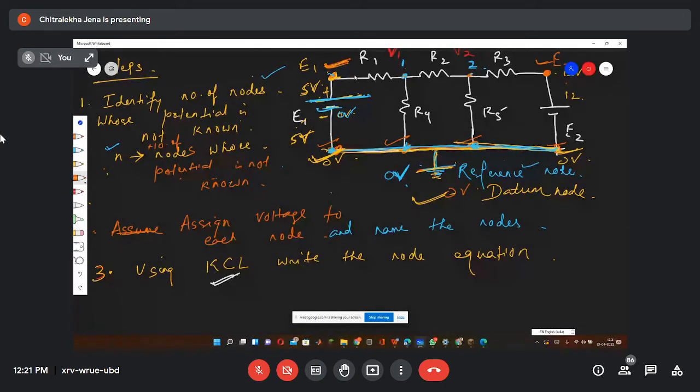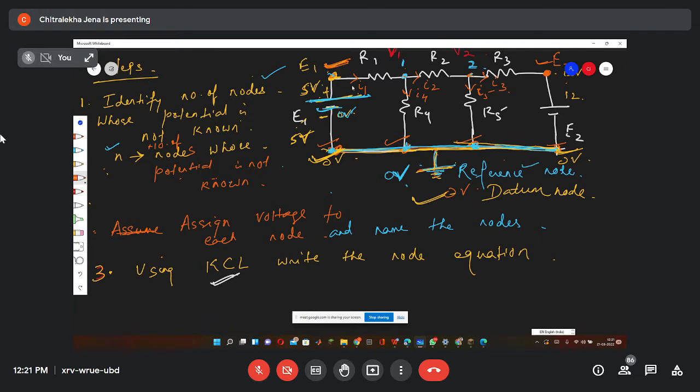Suppose I take the current here as I1, here as I2, here as I3, this one is I4, this one is I5. You assign the direction of the current in each branch arbitrarily, according to your wish. There is no hard and fast rule.